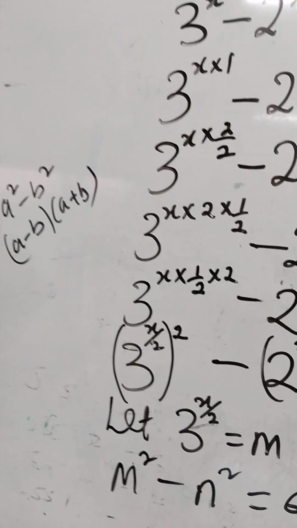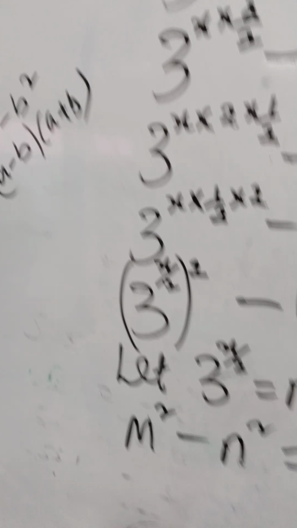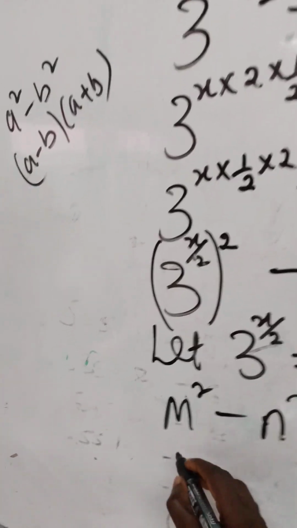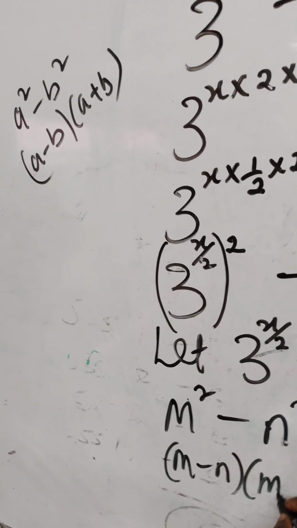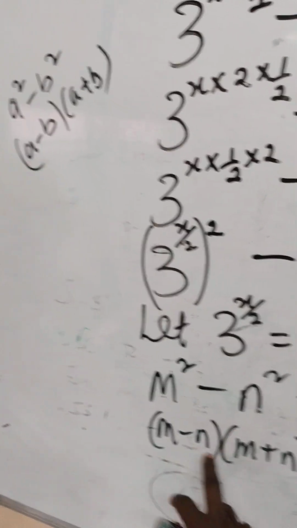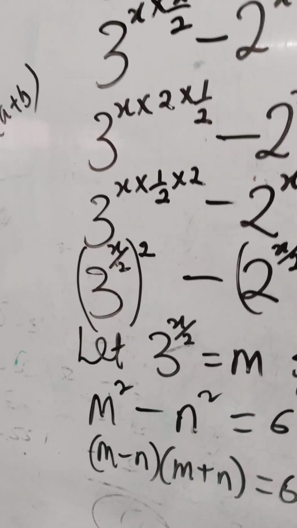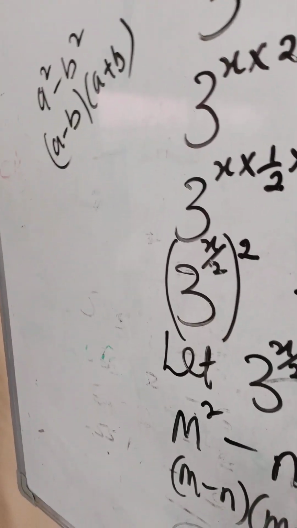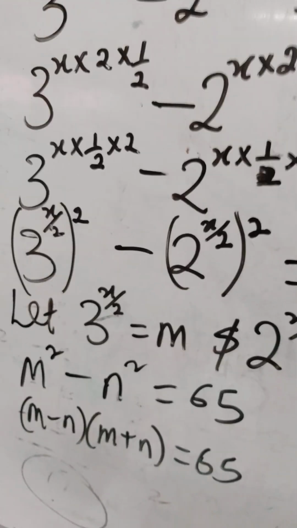Is that clear? So let's apply that analogy here. So m square minus n square, the difference of two squares, becomes m minus n in bracket, another bracket m plus n equals to 65. Why? If you multiply these two together, you will get m square minus what? n square. That's the meaning. If you expand this, you will get this.